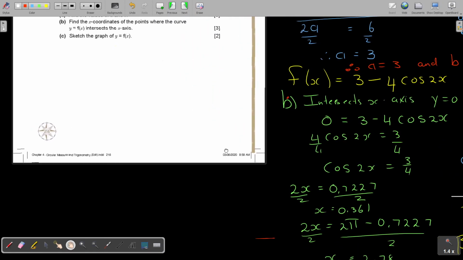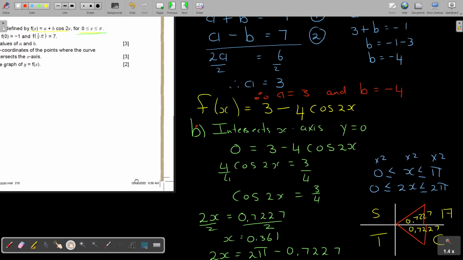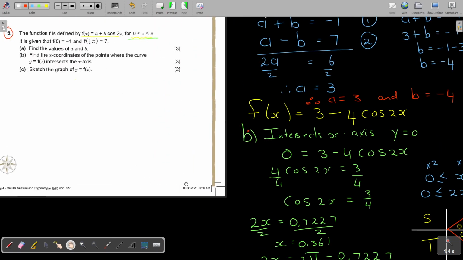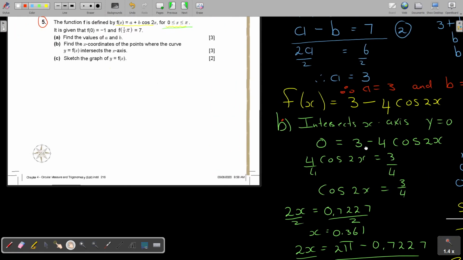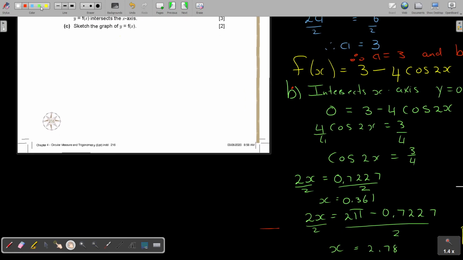Now, sketch the graph. You must remember, they said here it's -1 and 7. So if I'm going to sketch this graph, I'm going to do it here for you. I always like to make a line there. Remember, it's going from -1 to 7.